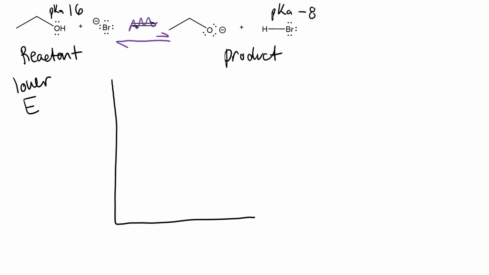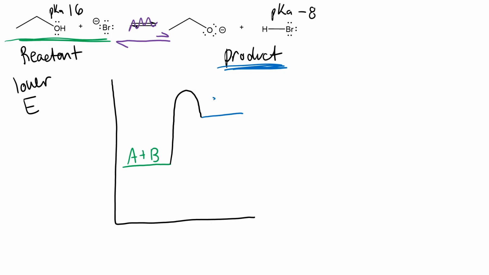So we'll use our same kind of green to represent our reactants, our acid and our base. And we have some kind of activation energy. And we know that our products in blue are higher in energy. They are less stable than our reactants. So we need to put our products, C and D, higher in energy.